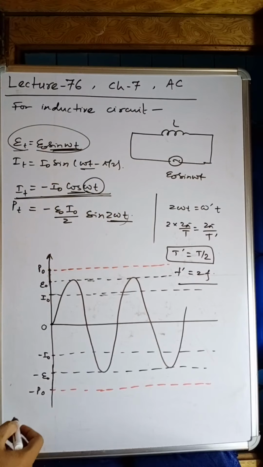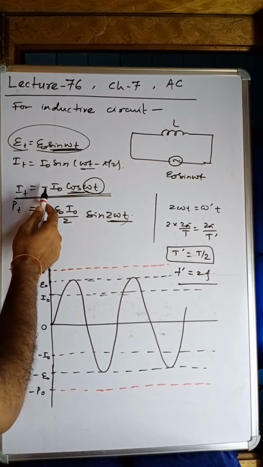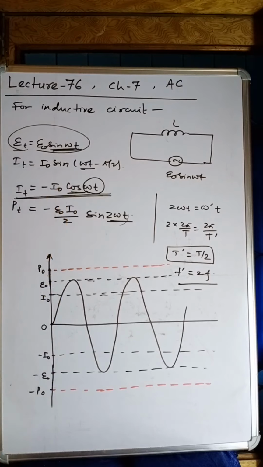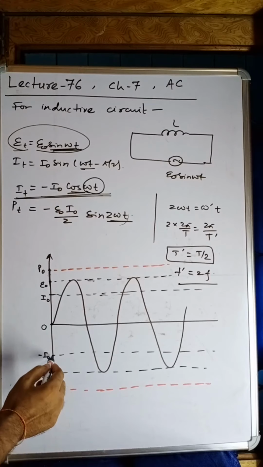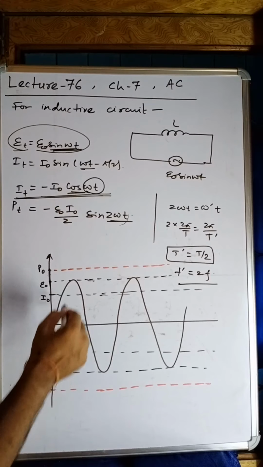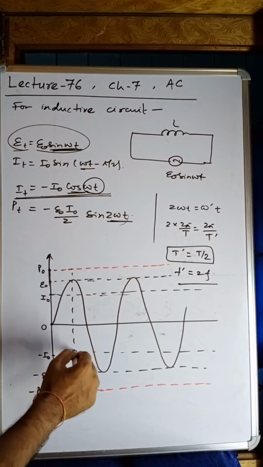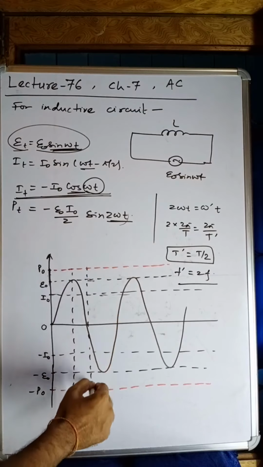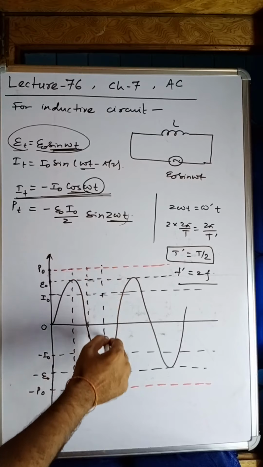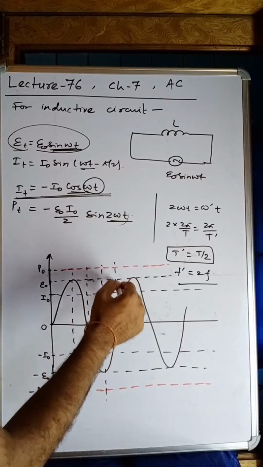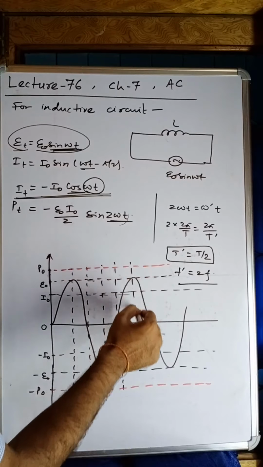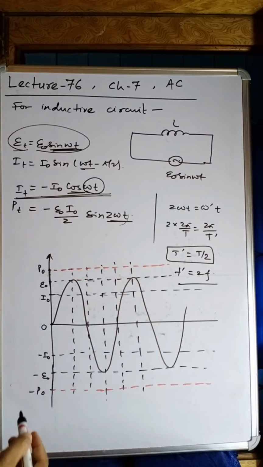So the graph will start like cosine from maximum, but negative, so it starts from maximum negative. So it will start from here for the current, and this is the time period. It is also very important to draw the time period, otherwise the graph will not look very nice. Looks very nice. Okay.